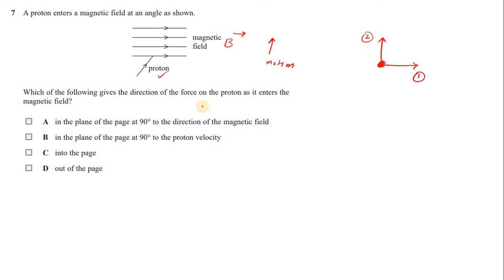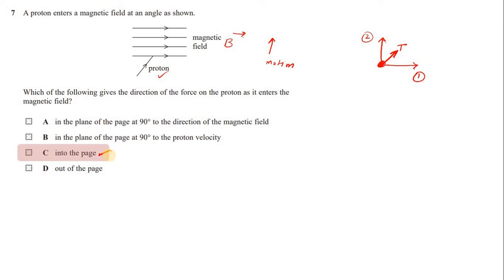Then automatically you will find that your thumb will be pointing into the screen, or into the page if you are working on a piece of paper. So of course, into the page.